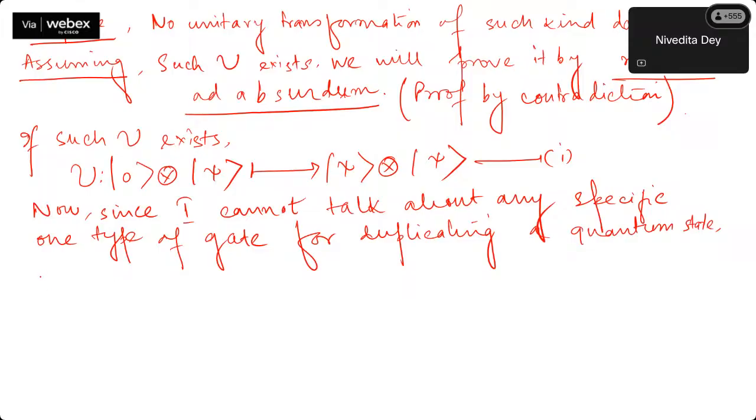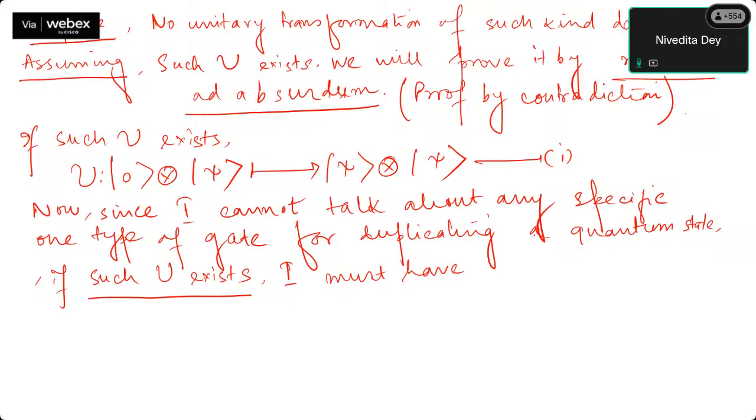That means if such a U exists, then in order for it to be useful, say for this particular psi U exists, I must have the same unitary operator duplicating a different state as well.